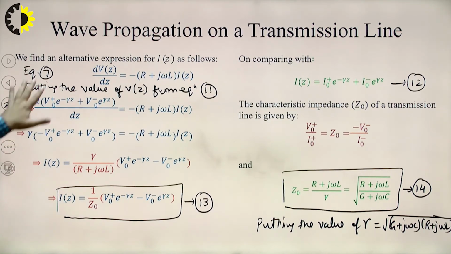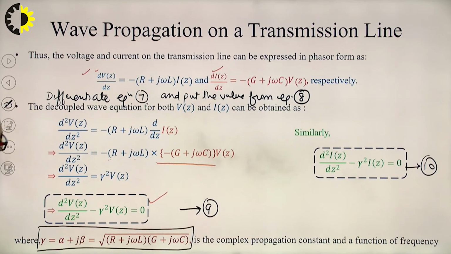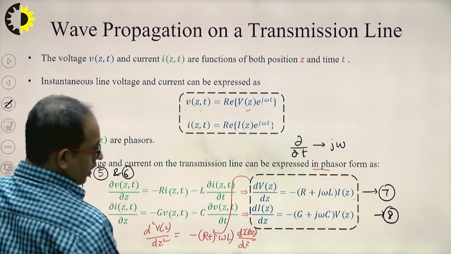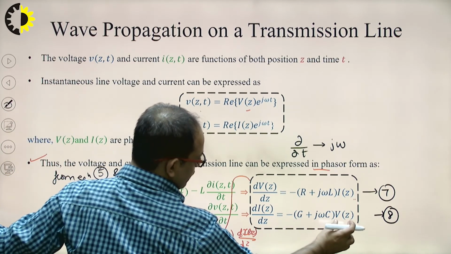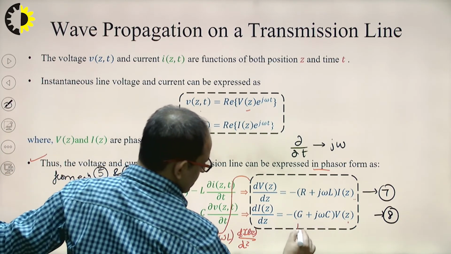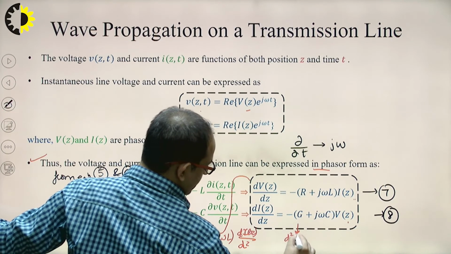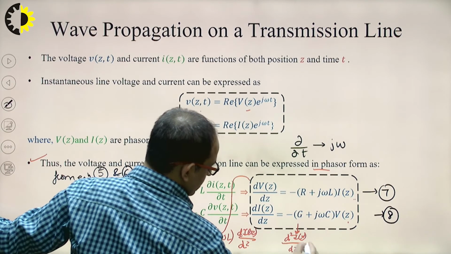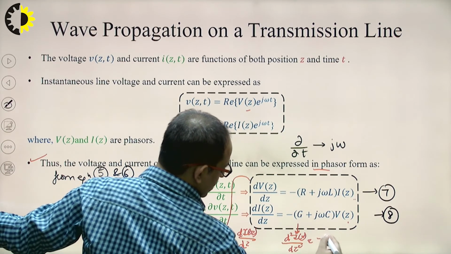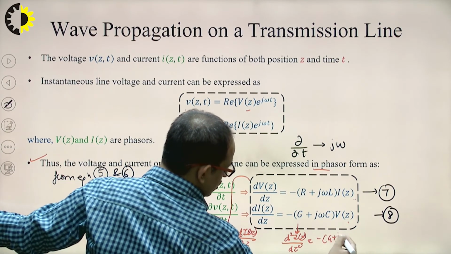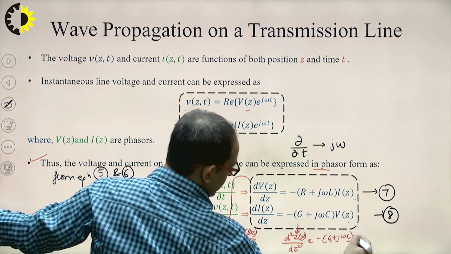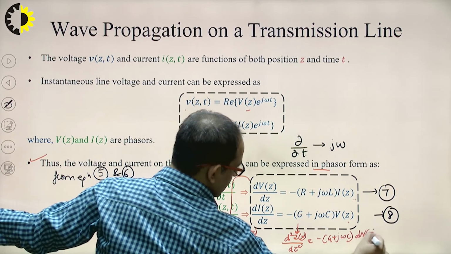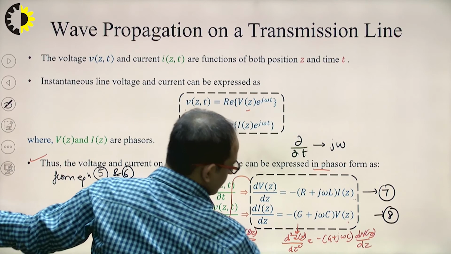Now see, similarly another equation. If I take the double derivative of this equation, you will see that d2I(z)/dz2 will be equal to minus of (G plus j omega C) into dV(z)/dz.